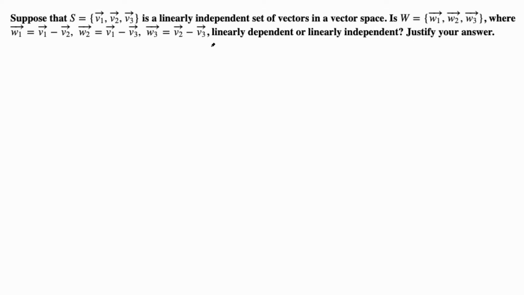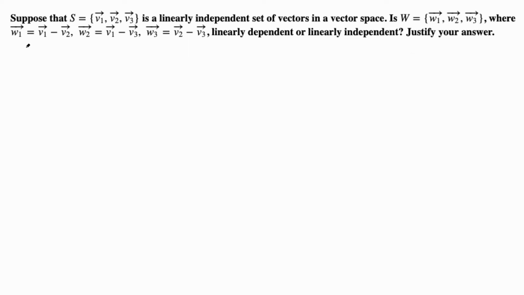Is w linearly dependent or linearly independent? Justify your answer. So we need to show whether this set, where we have w1, w2 and w3, is linearly independent or dependent. So we start by writing this set.